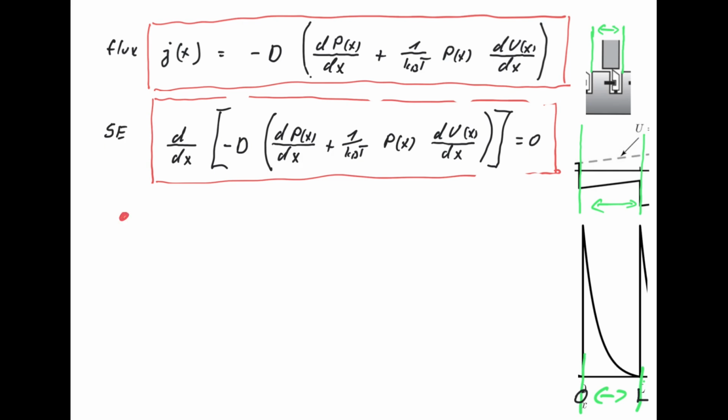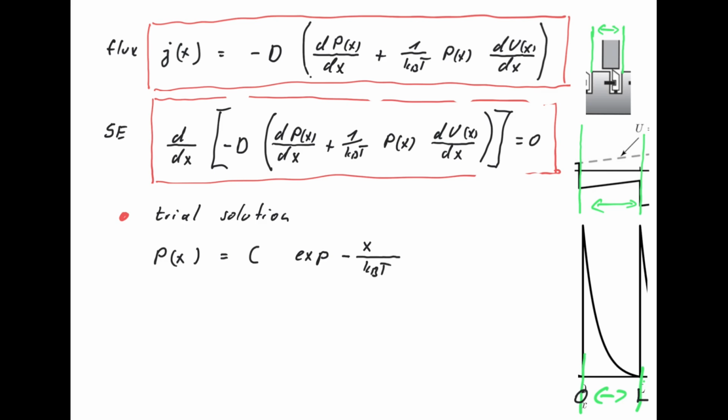Now, in order to obtain a solution of P of x, the easiest way is to use some trial functions, where we already have a very good idea, because we said that the probability function will just drop down between the two pawls, given by a Boltzmann factor.